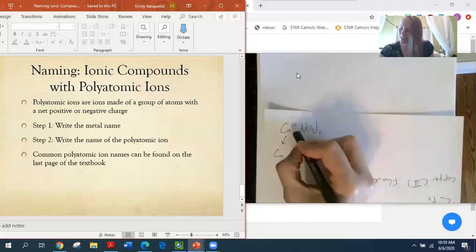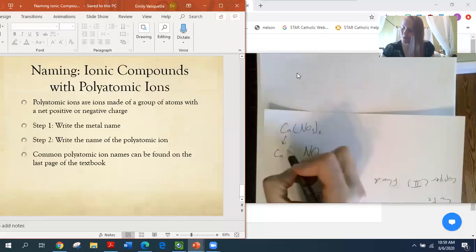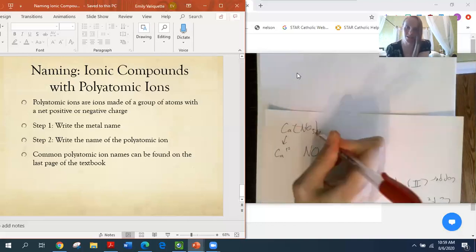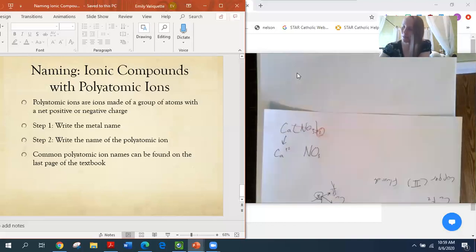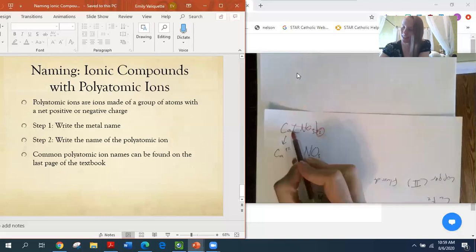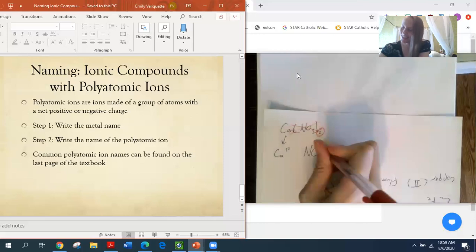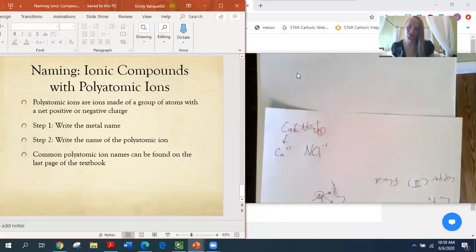And because calcium has a charge of +2, that has crossed over. That is where this 2 here comes from. And because there's nothing behind the calcium that has crossed over there, that tells us that our polyatomic ion has a charge of -1. So you are going to have to be able to do this kind of thing. You're not, at this point, going to have to tell me that this is calcium nitrate.